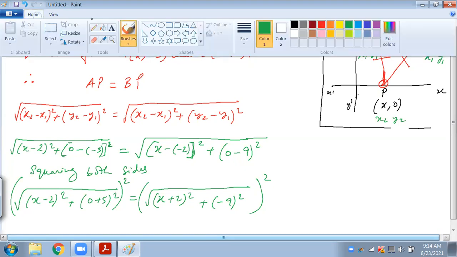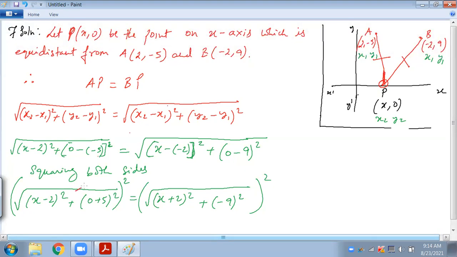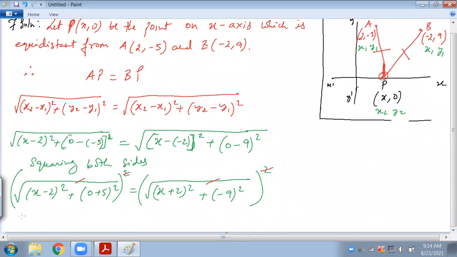Then, what is left? X minus 2 square plus 5 square equal to x plus 2 square plus minus 9 square. So this is left.